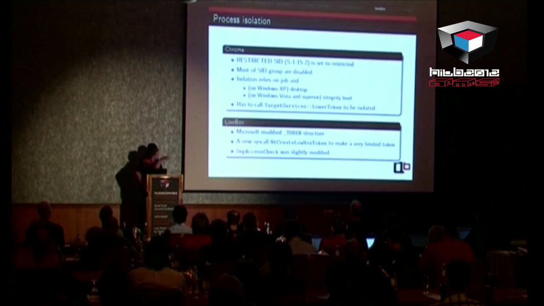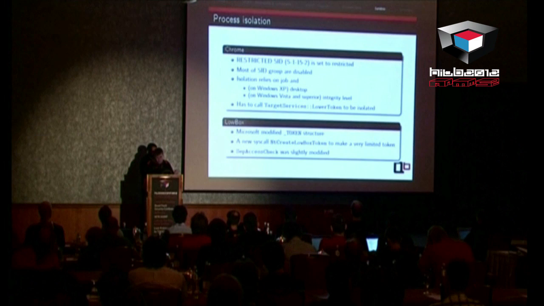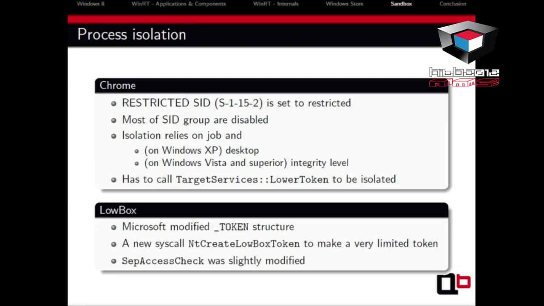For Chrome, I know this is sometimes confusing, but in fact, setting a restricted SID makes access checks perform a double check. It will first check if the access object allows the current token to access this object, and then see if the restricted SID is also allowed.